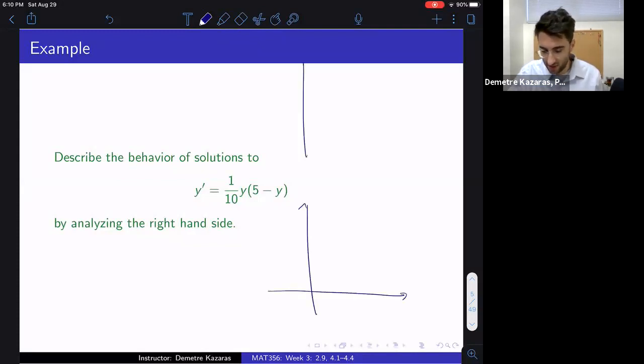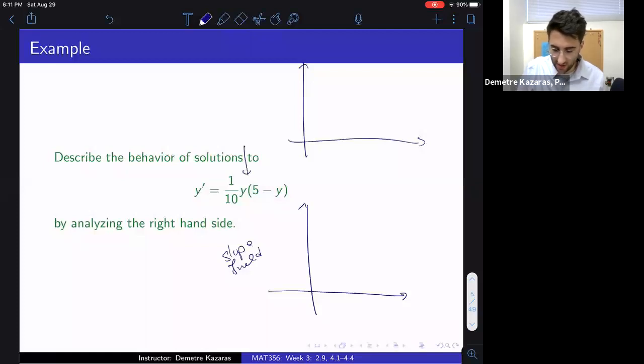Let's draw two pictures here. Let's draw a slope field. And on the other hand, let's think of this as f of y, the right-hand side of the autonomous system, and graph that over here, over the phase line y.